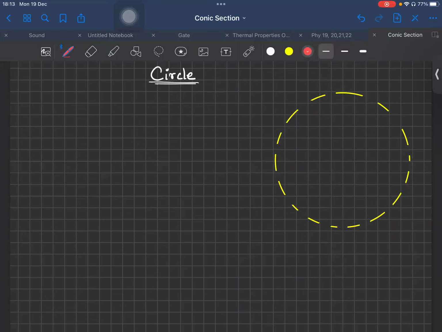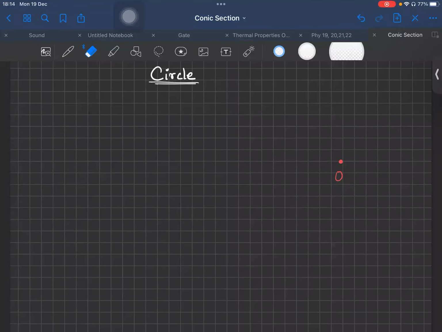Now you have a center O. So imagine that you have a nail. You fixed a nail here, on the wall or on the ground. You tie a thread to this nail. Let's say this is the length of the thread, and you put a marker here or something that can mark, or another nail with which you can groove the ground.